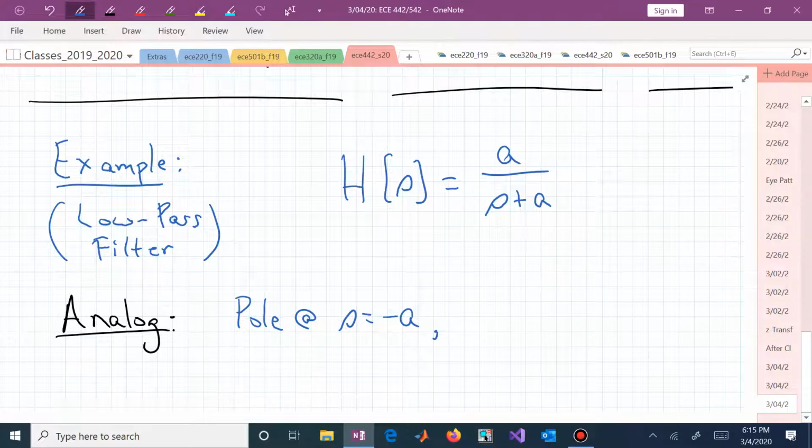That's where you're looking at the numerator and saying, do I have a numerator polynomial in S that I can find the roots of and set S equal to one of those roots, and then I'll have it vanishing, and that will be a finite 0. This first order low pass filter has no finite 0.